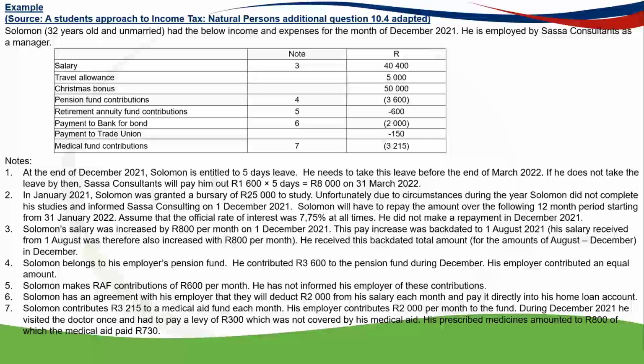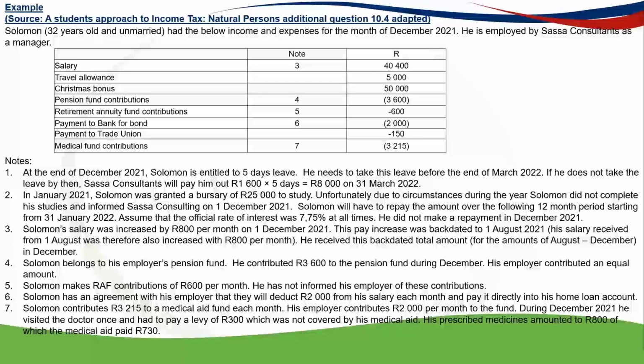Going back to our table, we have payment to the bank for bond, that is 2,000, and it refers us to note 6. When we go to note 6, Solomon has an agreement with his employer that they will deduct 2,000 from his salary each month and pay it directly into his home loan account.